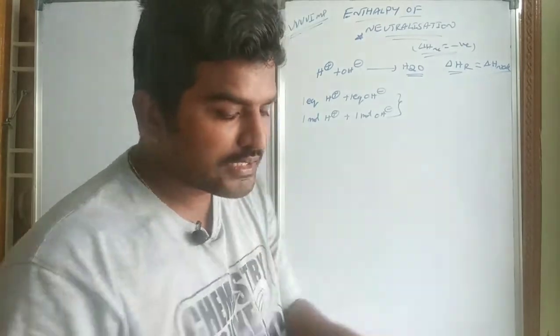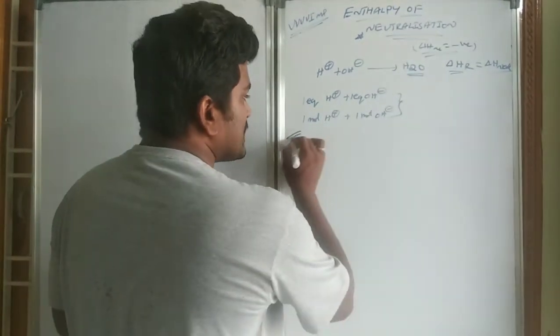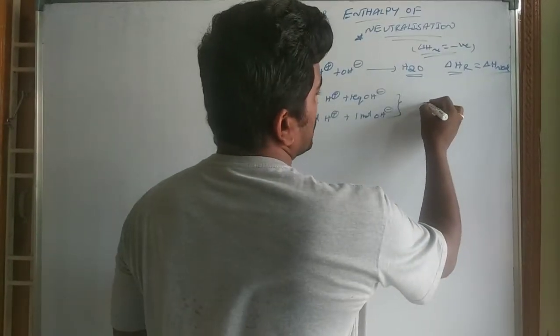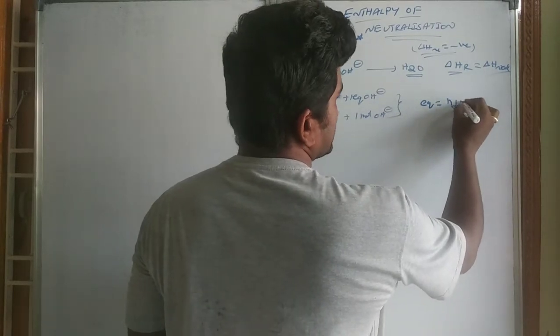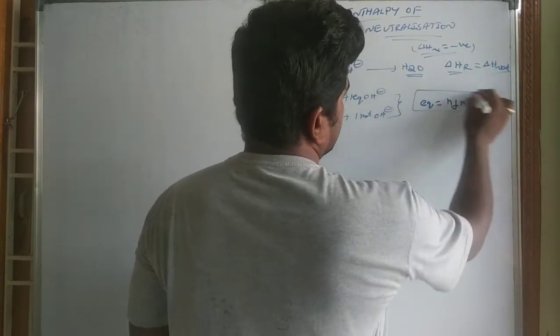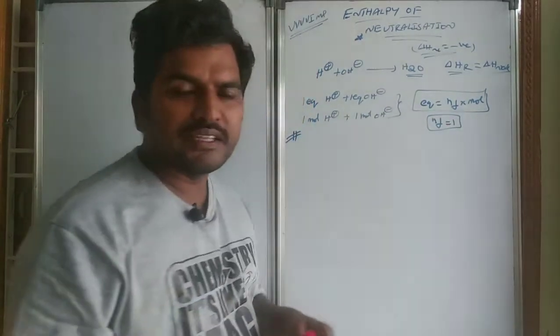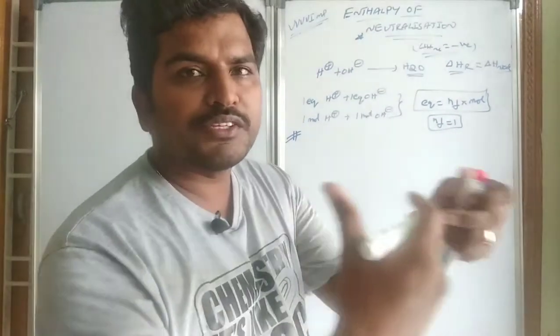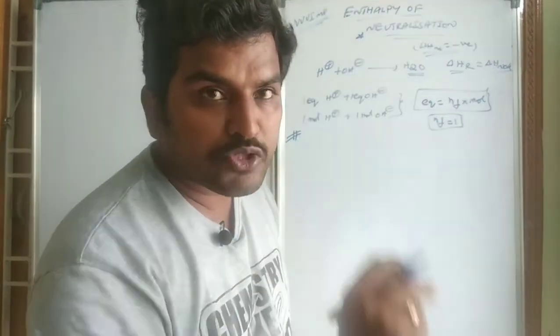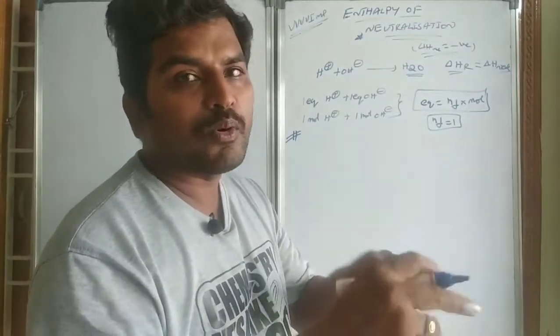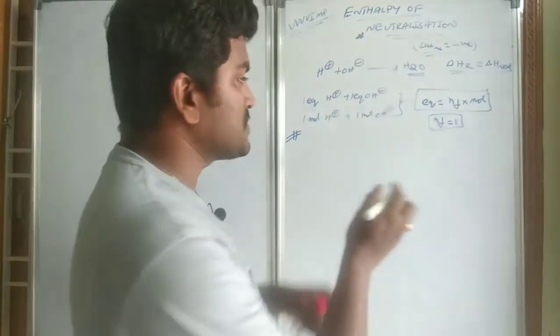Why am I stressing this? For H+ and OH- ions, equivalents equal n-factor into moles, and for them the n-factor equals 1. If you define it in terms of moles or equivalents, it will be the same. But when it comes to polybasic acids and polyacidic bases, the definition has to change.